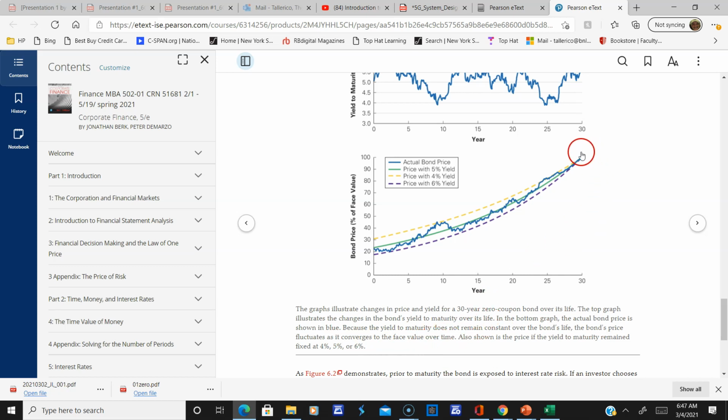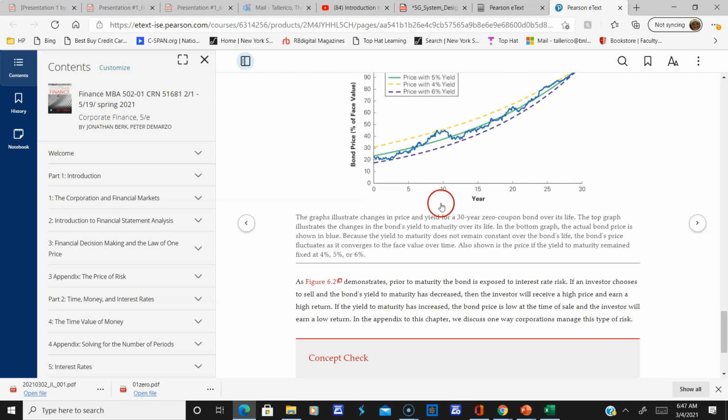So you can see it converging to the face value. This is for a zero coupon bond. And they have some graphs here. If the yield remained fixed, you wouldn't get that noise.